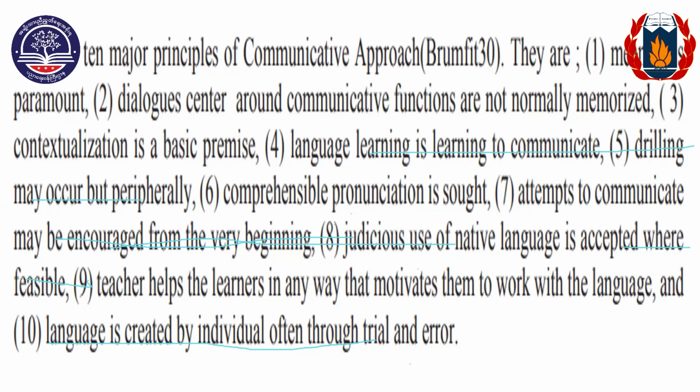Dialogue is centered around functional grammar. Contextualization, using context and authentic material, is also important. Drilling may occur, but occasionally. Pronunciation should be comprehensible. It does not mean that students should pronounce like a native speaker, but comprehensible pronunciation is acceptable.